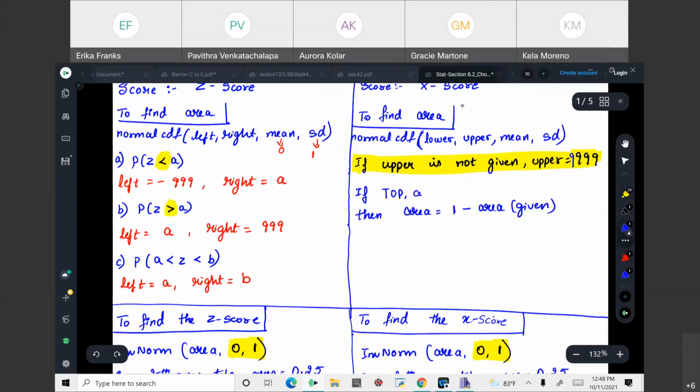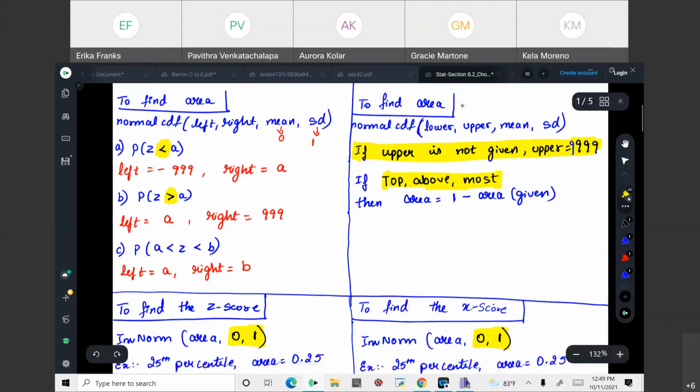Just say top, above, most. If they use these kinds of words, then you have to subtract your area from 1. And I guess that's it. So your section 6.2 is mainly on these types of questions.